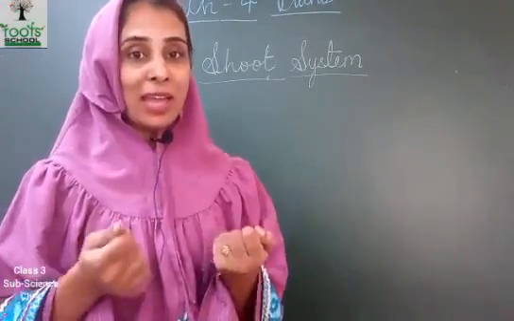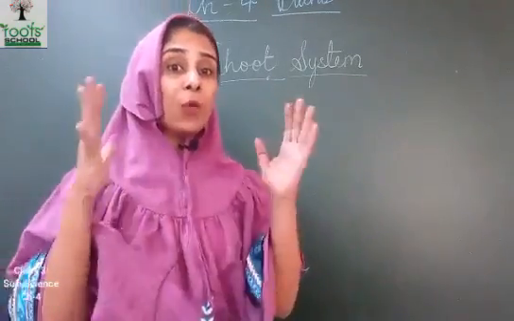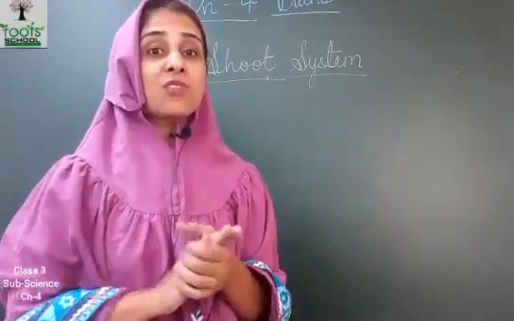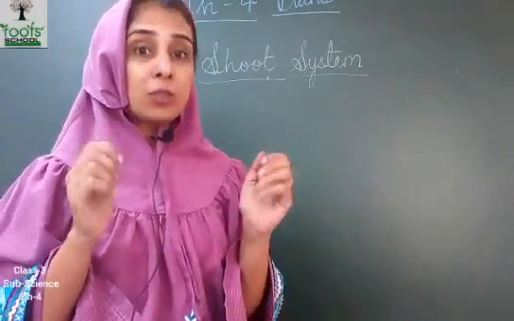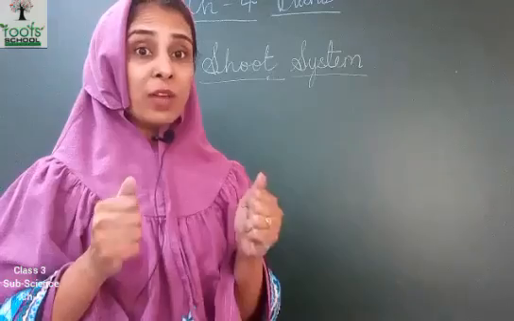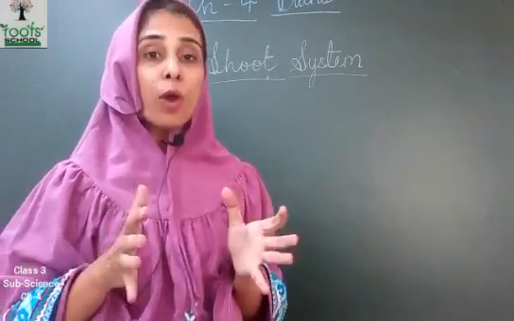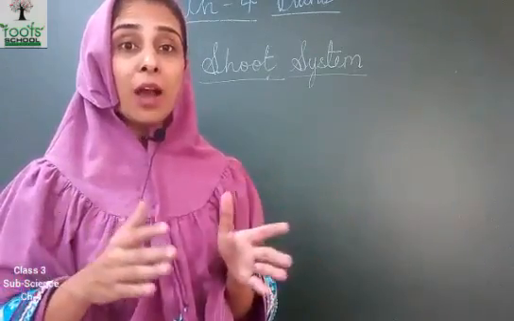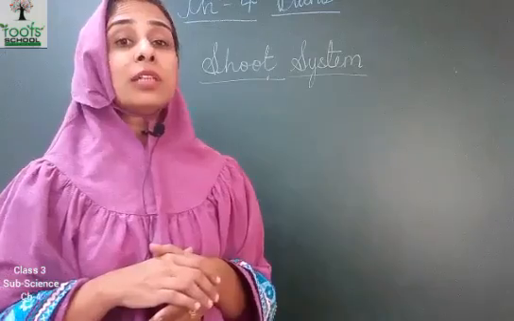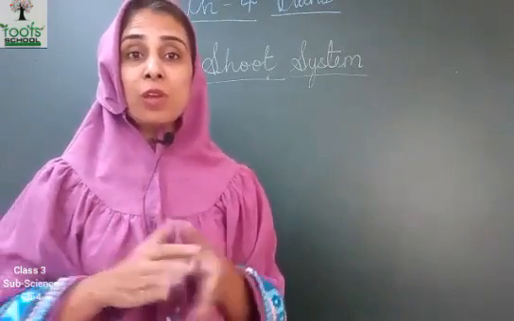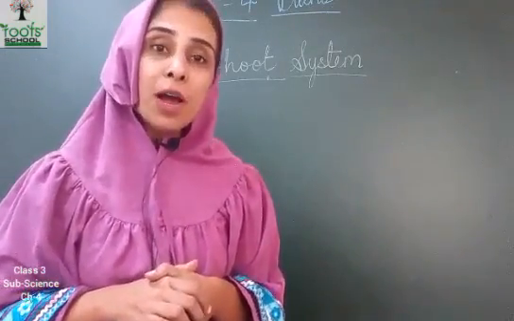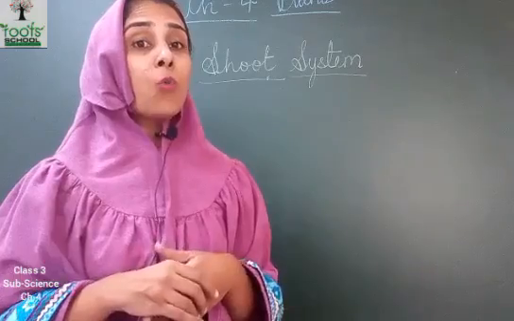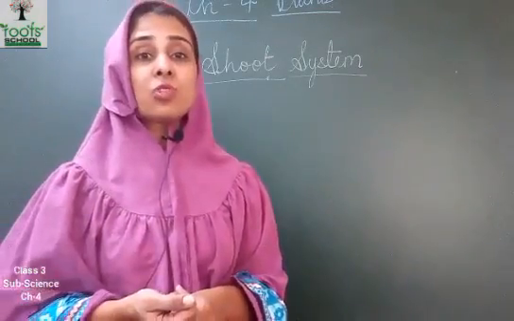You can break it with your hands, right? But when the plant grows big and becomes a tree, that stem becomes very hard, it becomes like wood. It is very big and hard, and brown in color. And what do we call that? Trunk.